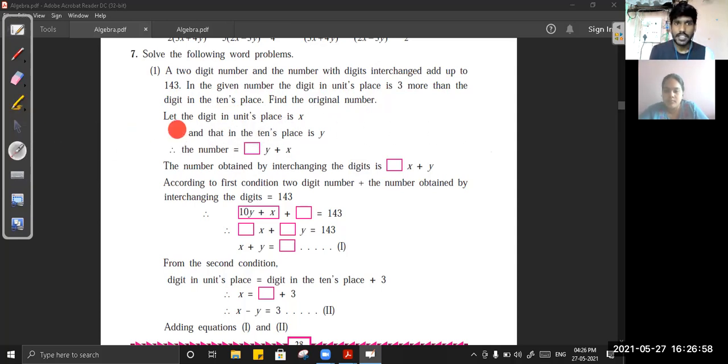So they are saying let the digit in the units place be x and in the tens place be y. So the number is like this. In the units place it is x, and in the tens place it is y. Correct? Now, suppose I'll take the same example, 25. Which number is in the units place?